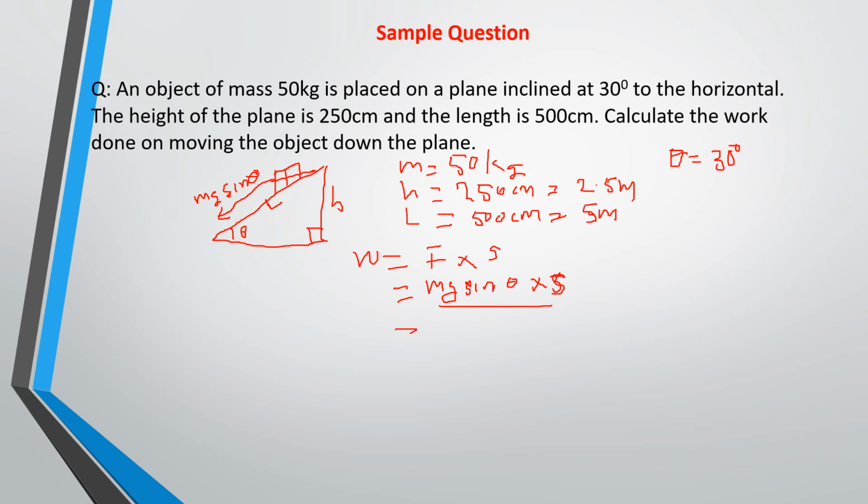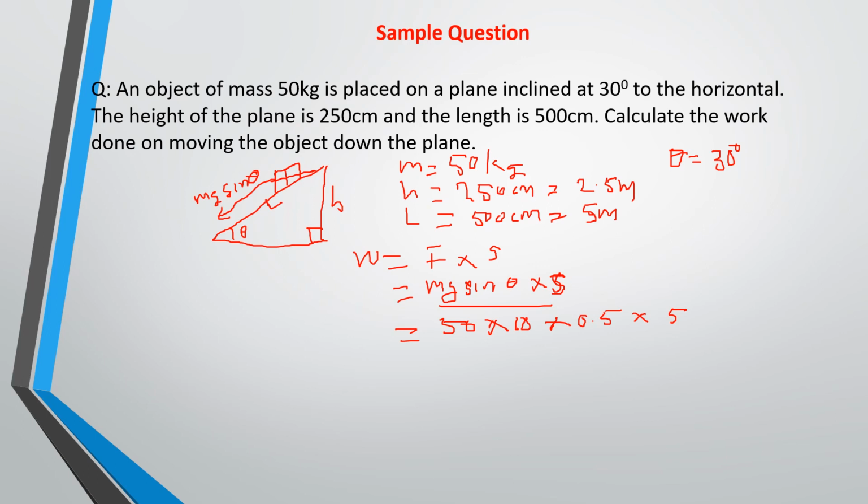Okay, so the work done, the force component down the plane times distance, mg is 50 times 10, times sine theta, sine 30 degrees, which is equal to 0.5. You can punch that out from your calculator, then times the distance traveled, which is equal to 5.